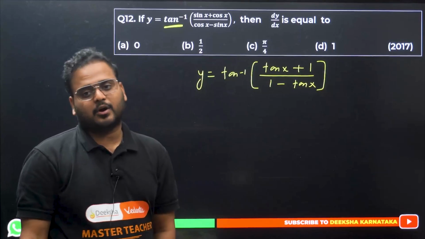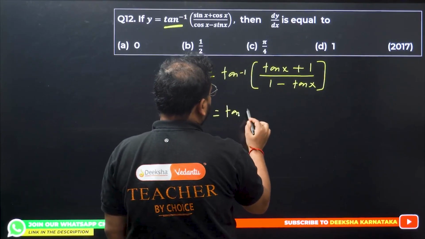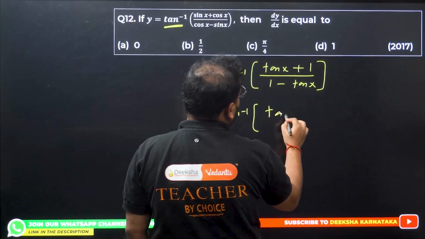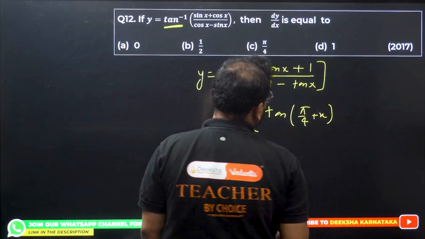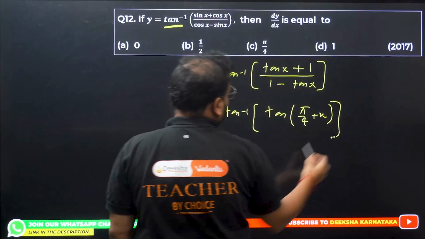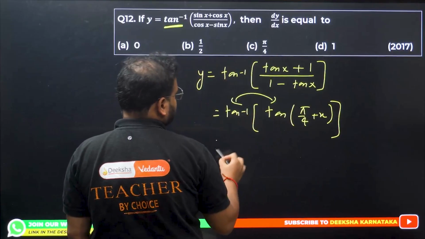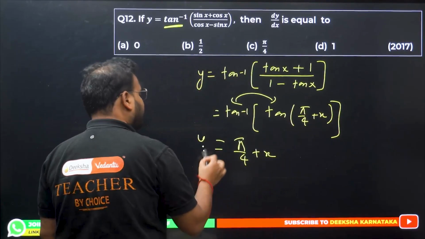There is a formula for this, if you remember. Yes, the formula is tan of (pi by 4 plus x). Operate this, and you'll get the answer as simply pi by 4 plus x as the function.